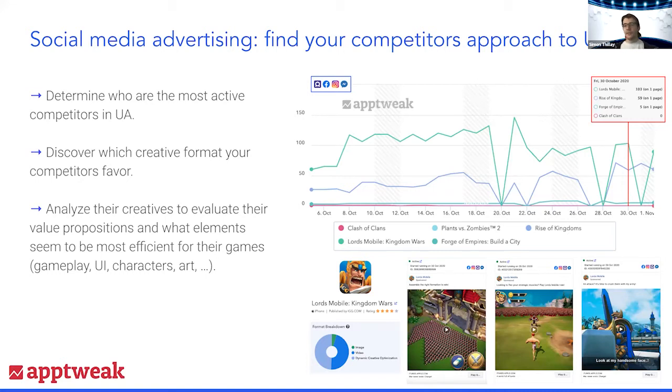There's very few images. It's not necessarily very surprising, but when you compare different types of games, you can see that every game has a different approach. So if you want to mimic Lords Mobile, you know where to look in terms of what kind of creatives you should be also running.